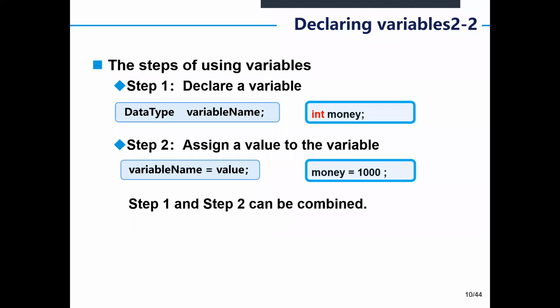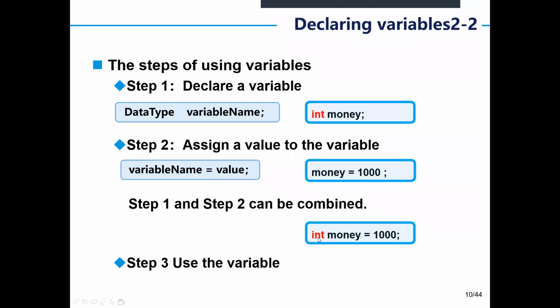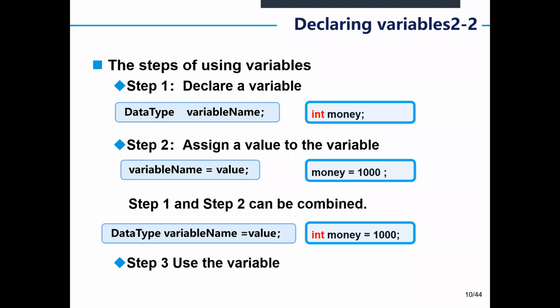Step 1 and step 2 can be combined. That is, int money is assigned to 1000. Step 3, use the variable.